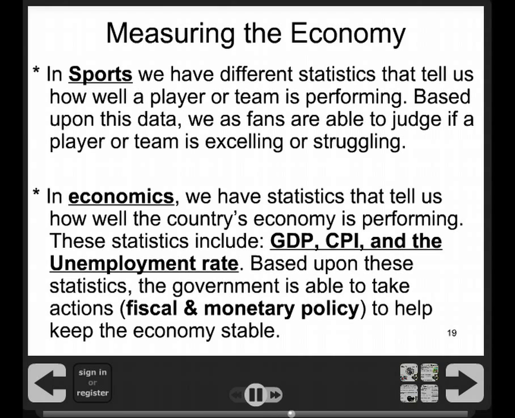We use these statistics to measure if our economy is doing really well or really badly. Based upon these statistics, the government is able to make fiscal policy or monetary policy to promote growth or to slow down growth.